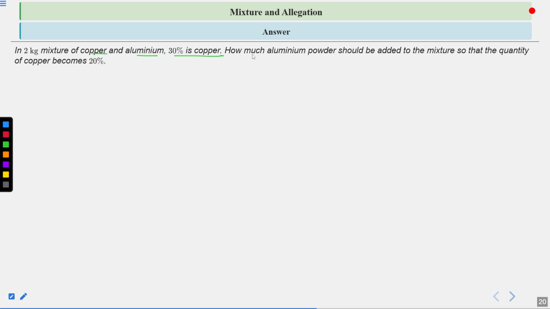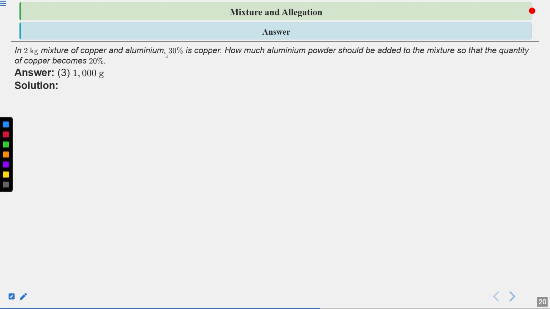Now the question says how much aluminium powder should be added so that the copper in the mixture becomes 20%. So we compare the quantity of copper we calculated previously with 20% of the mixture, and then subtract to get our answer. So the correct answer of this question is the third one, which is 1000 gram.